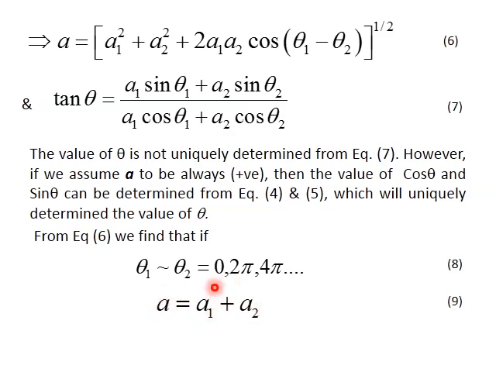This is not only true for 0; even if θ1 − θ2 is 2π, 4π, etc., in all such cases I will have A = A1 + A2.